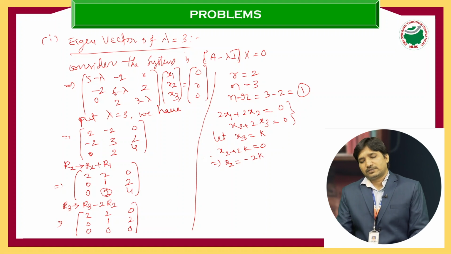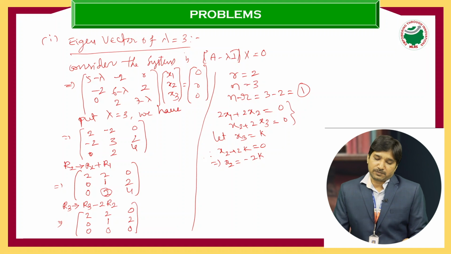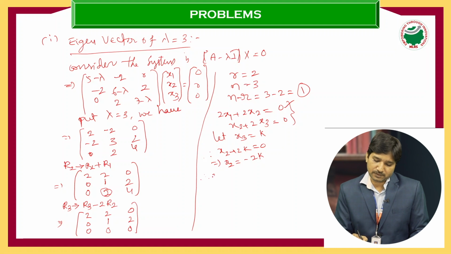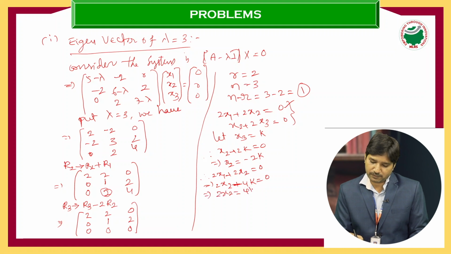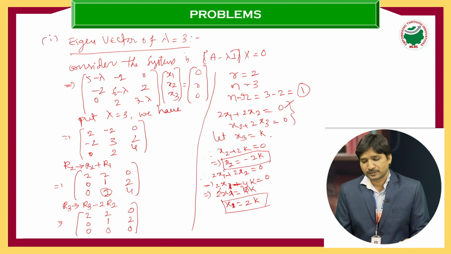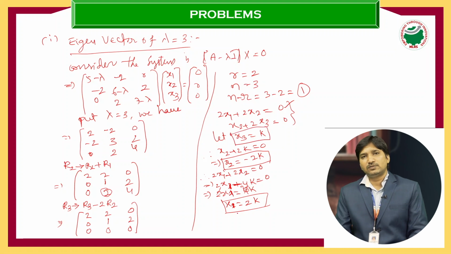With x3 equal to k and x2 equal to minus 2k, substitute in the first equation to get the x1 value. 2x1 plus 2x2 equals 0, so 2x1 minus 4k equals 0, that implies 2x1 equals 4k, so x1 equals 2k. So x2 equals minus 2k, x3 equals k, x1 equals 2k.